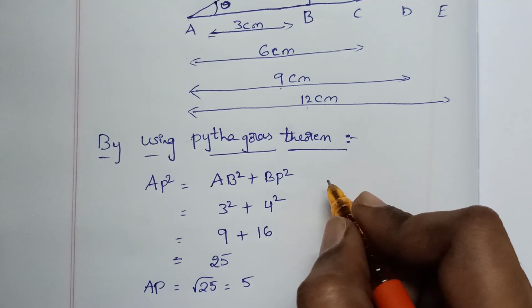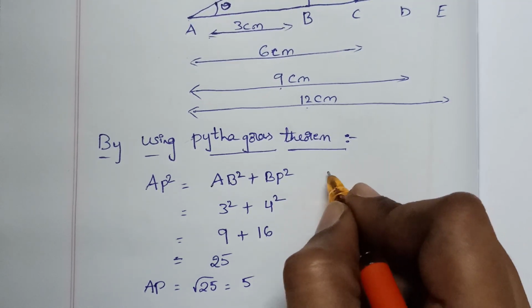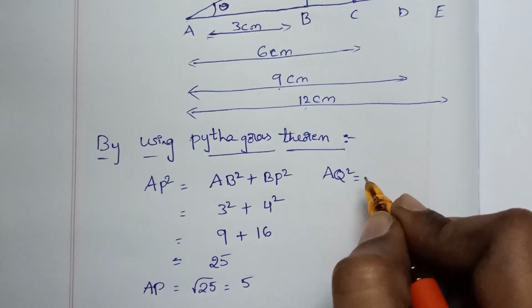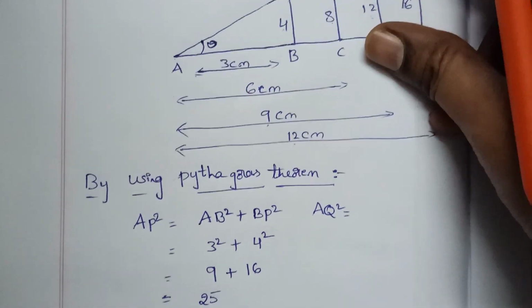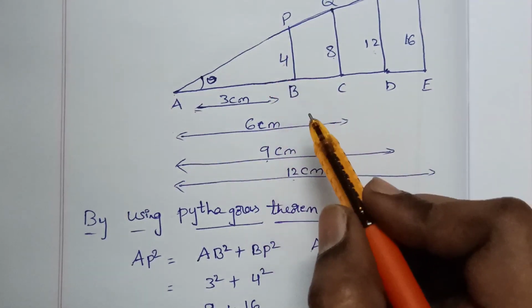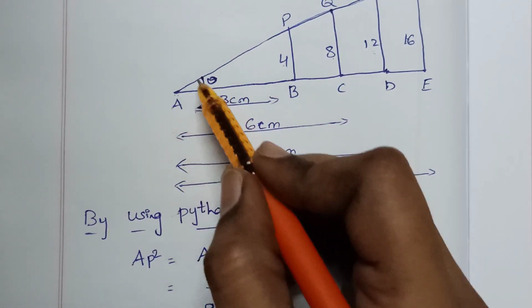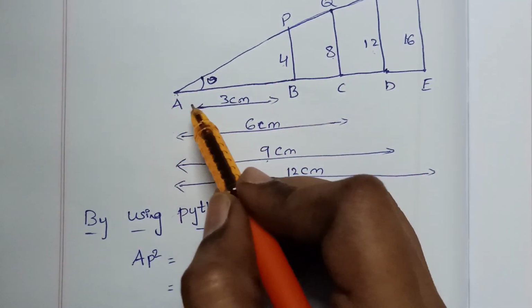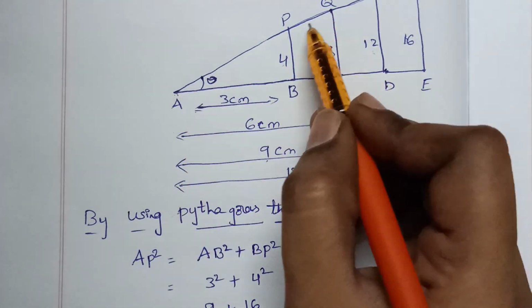Next, find the length of AQ square. This is another triangle ACQ.